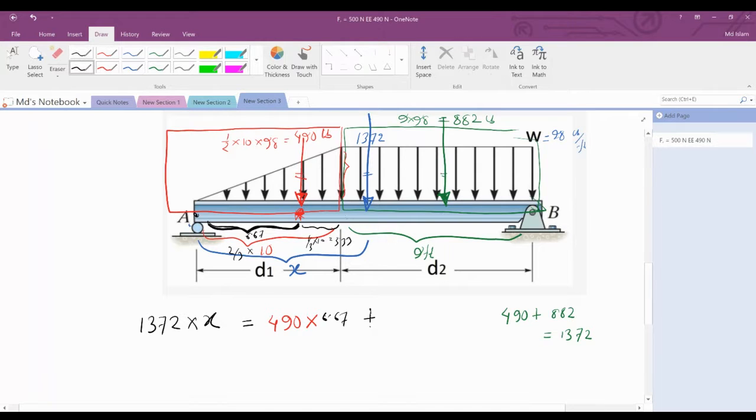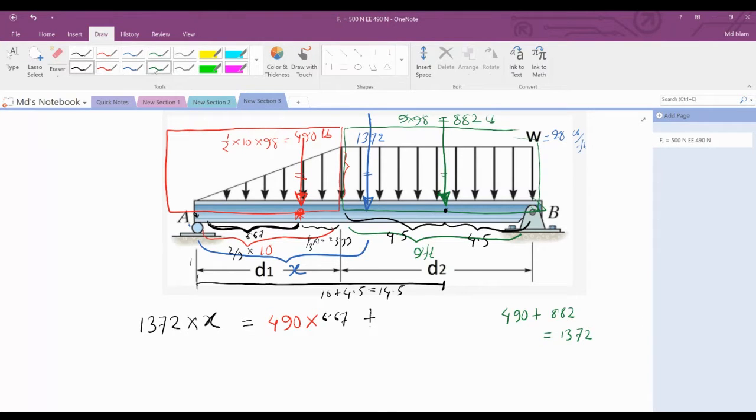if we assume that this portion is half of 9, that means 4.5 and 4.5, then this green load from the left support is at 10 plus 4.5, that is 14.5.